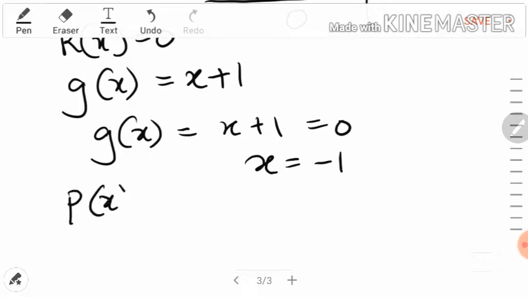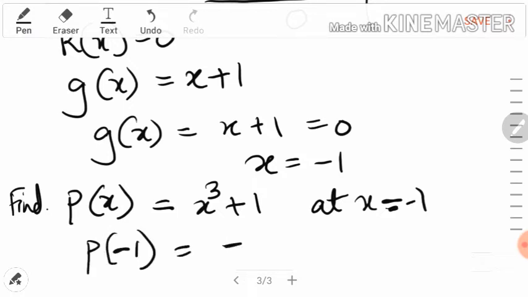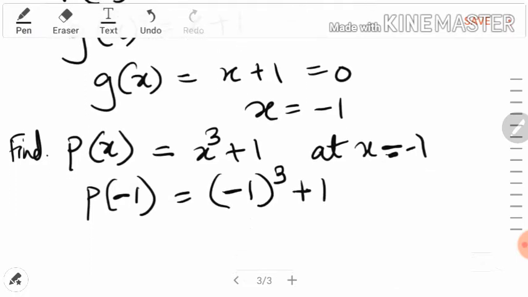Let's find the value of this polynomial x cube plus 1 at minus 1. So we get p of minus 1 is equal to minus 1 to the power 3 plus 1, which is minus 1 plus 1, that is equal to 0.